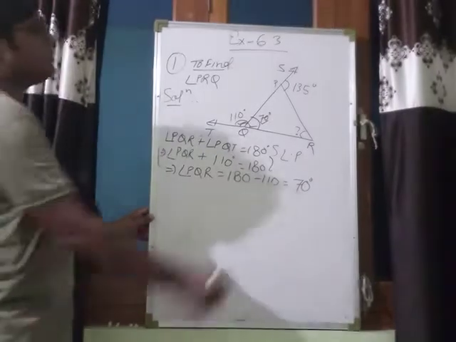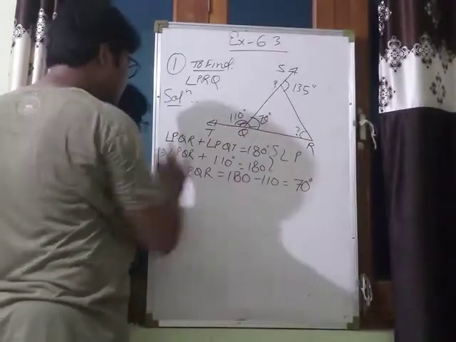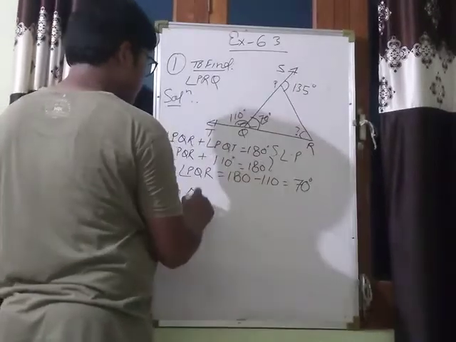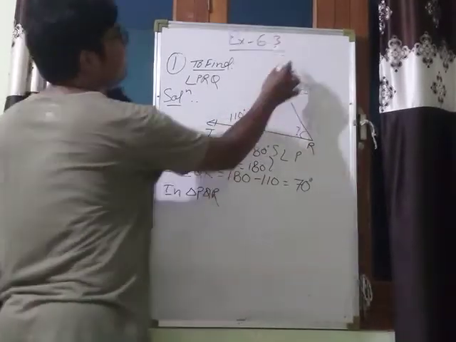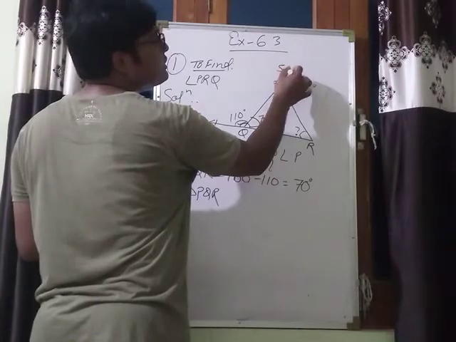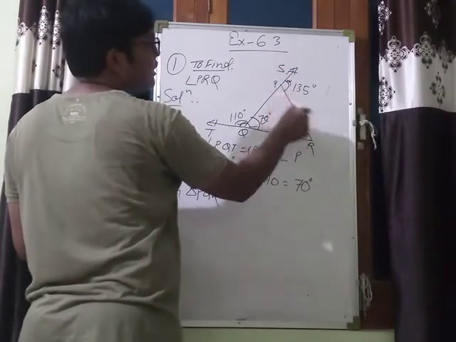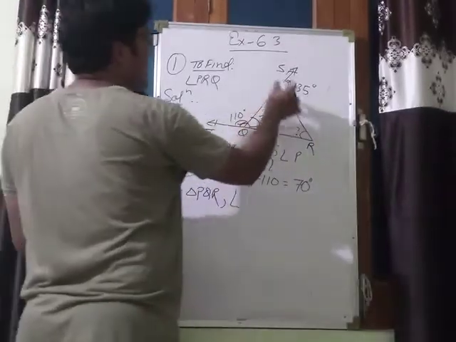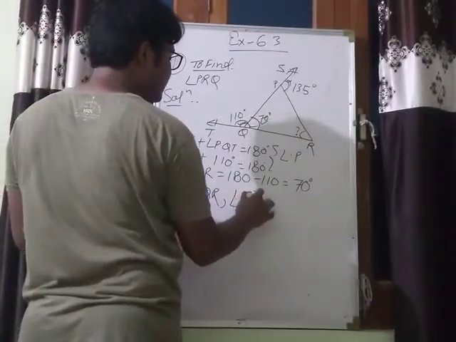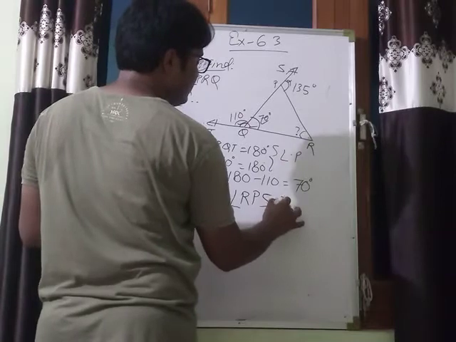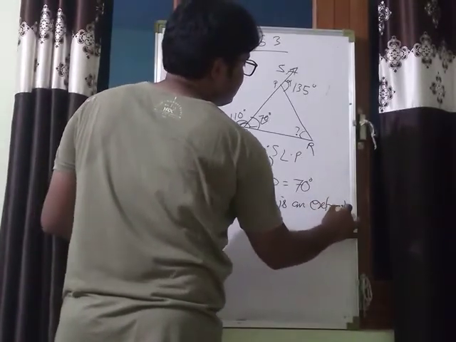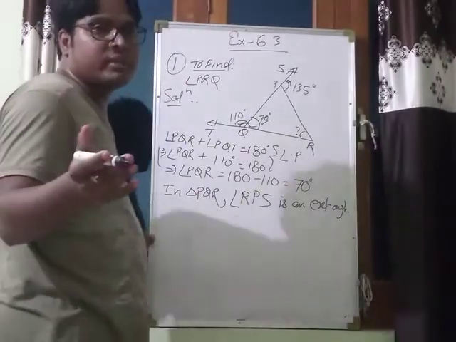We have to find out this angle. Now, in triangle PQR, you can see this QP is produced to S. So this angle is what for this triangle PQR? Exterior angle. Angle RPS is an exterior angle. So what is the exterior angle property of any triangle?